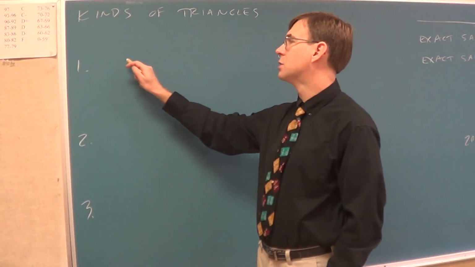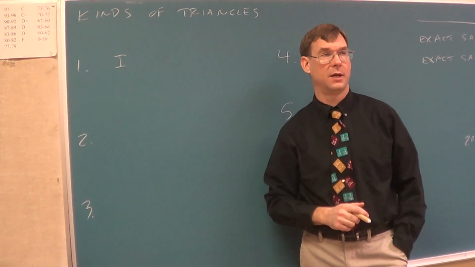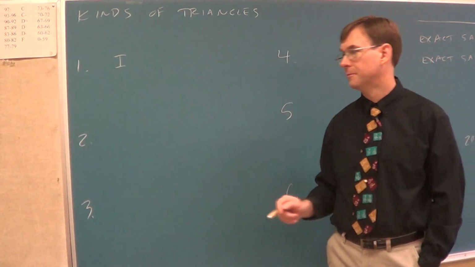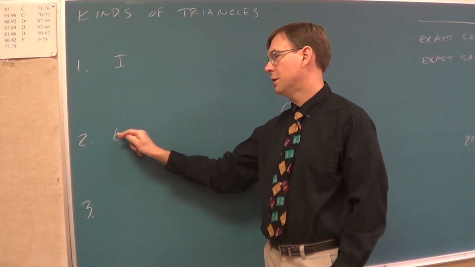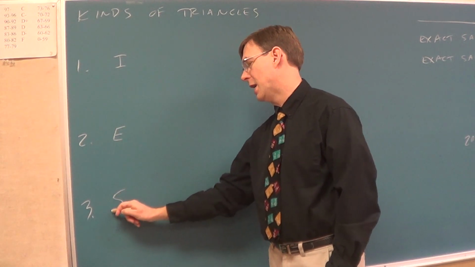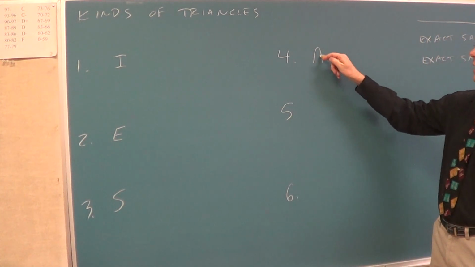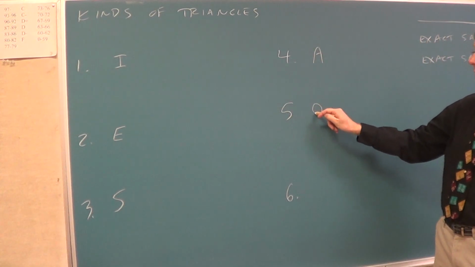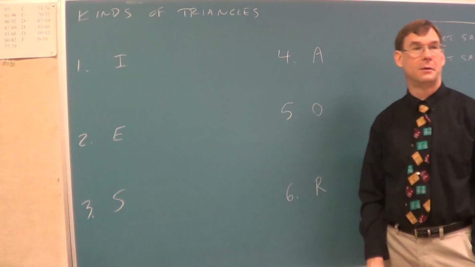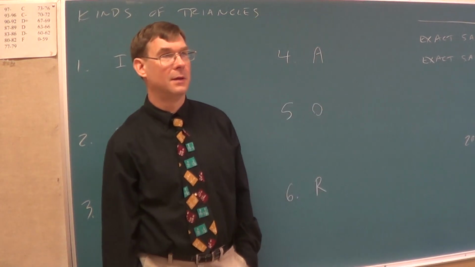There's one pretty famous one that starts with an I, if that helps anybody. There's an E. There's an S. There's also an A, an O, and an R. If that sparks any memories, but we'll see in a second.